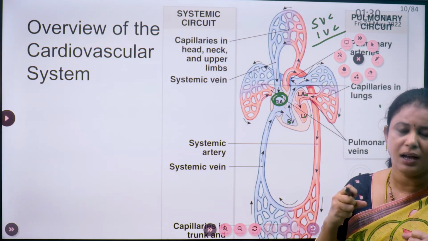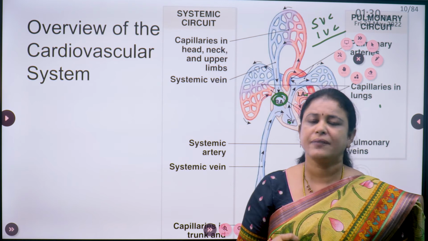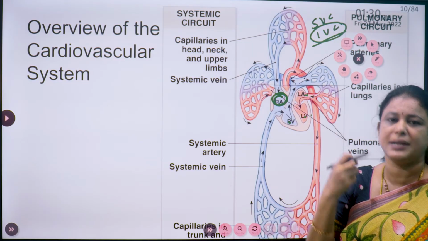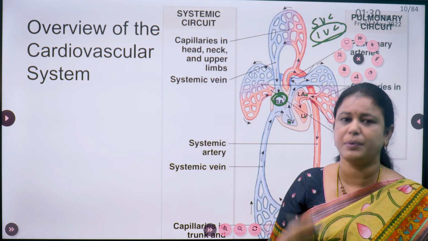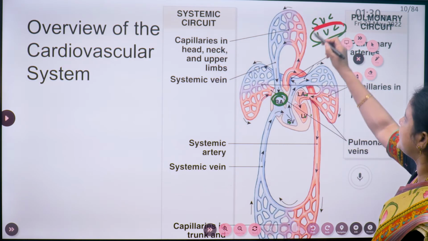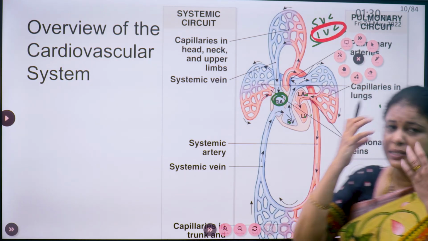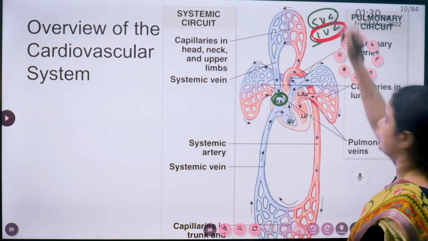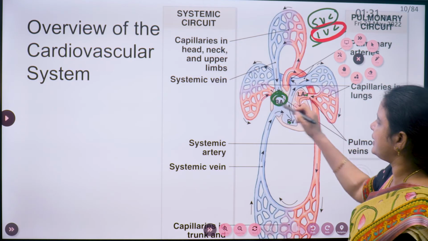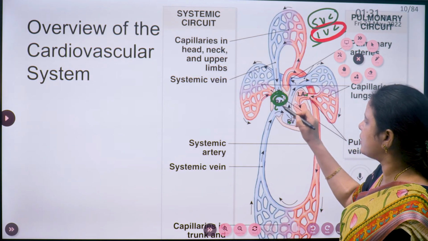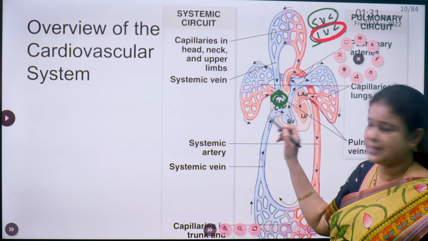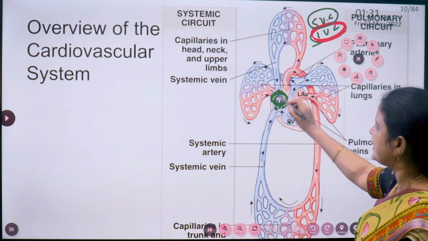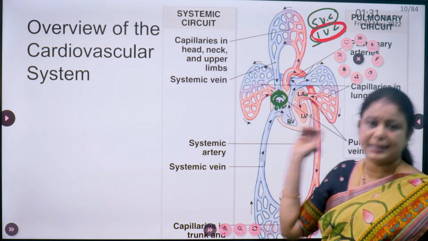All the veins in the lower body drain into the inferior vena cava, and from the superior parts of the body, deoxygenated blood enters the superior vena cava. The superior and inferior vena cava bring deoxygenated blood and drain into the right atrium.